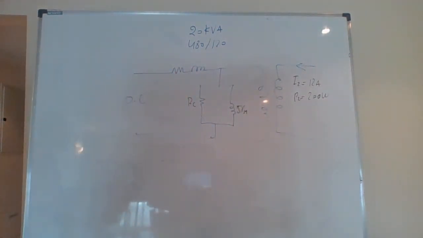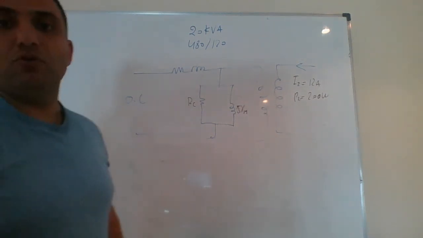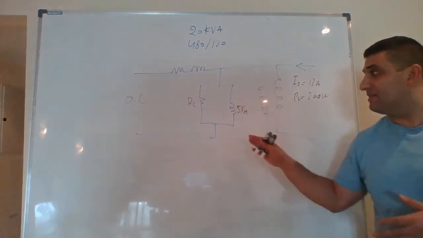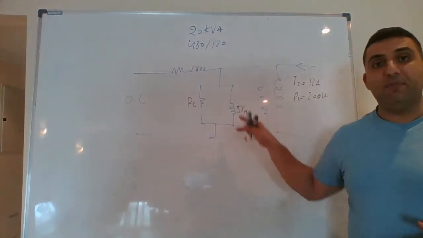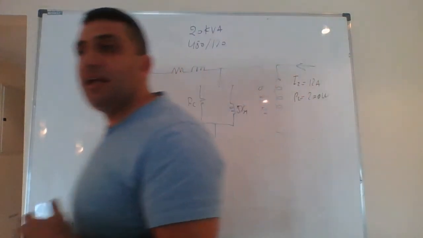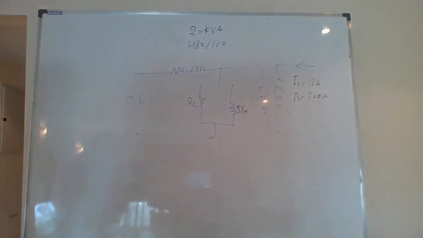Now, because they are in parallel, it's easier for me to recall the admittance. When they are in parallel, I can call this the admittance of this one, the admittance of this one, and then I can solve it in a much easier way.